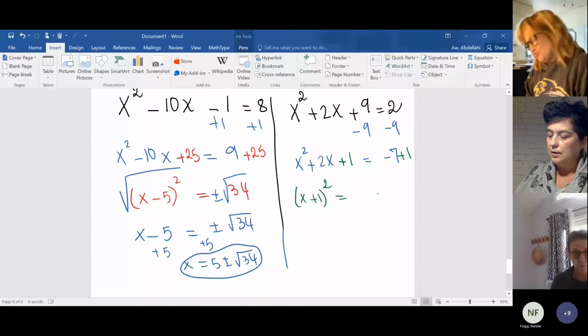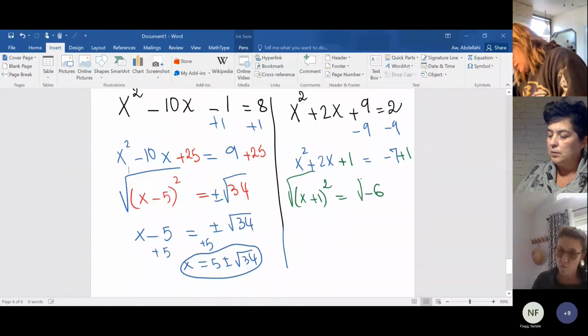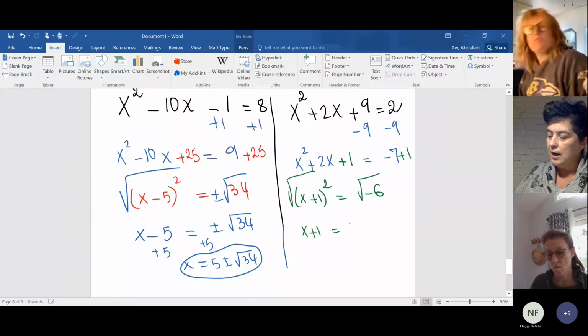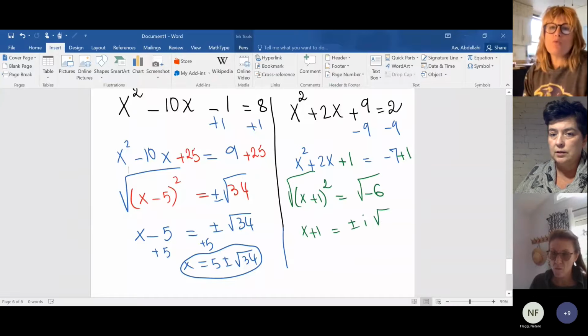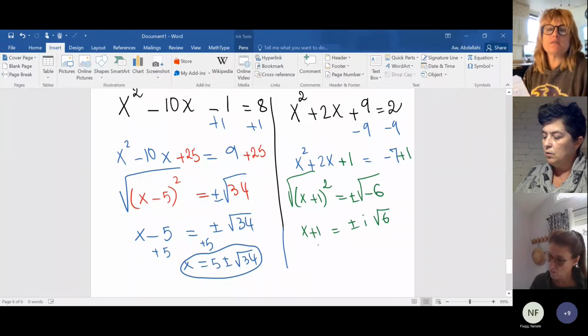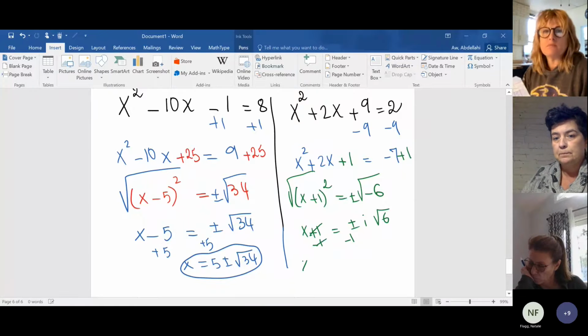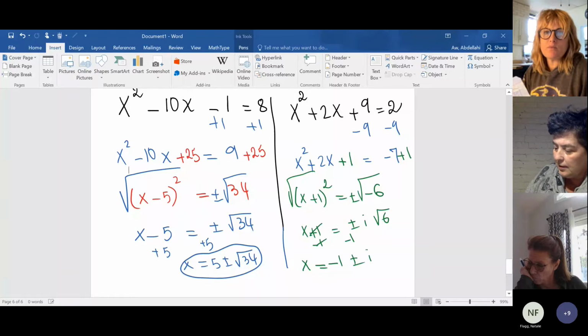Then the square root of both sides, so x plus 1 equals plus or minus i square root of 6. Then x equals -1 plus or minus i square root of 6, because we have to subtract.